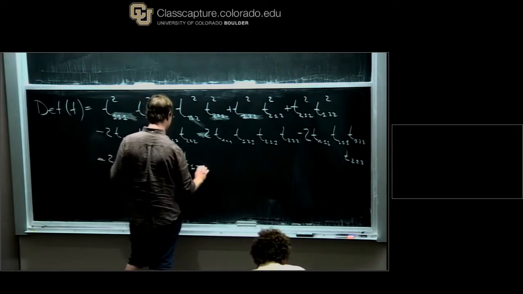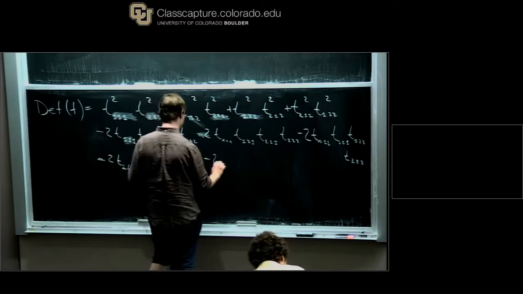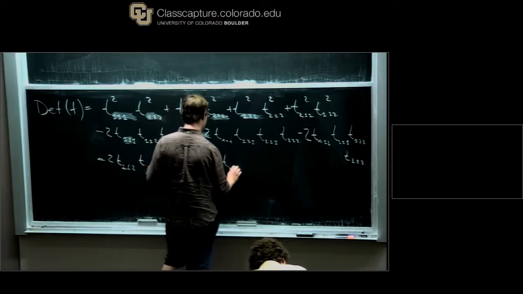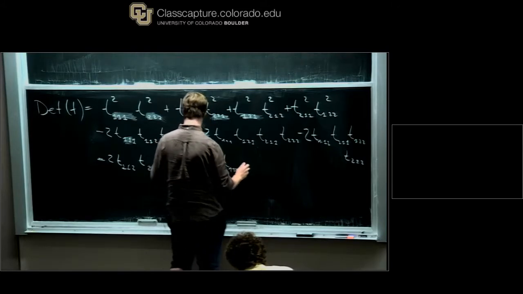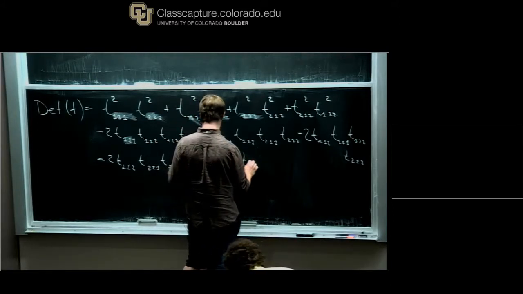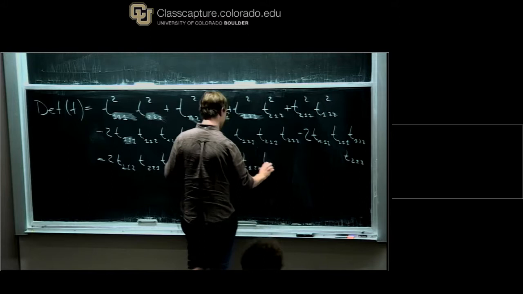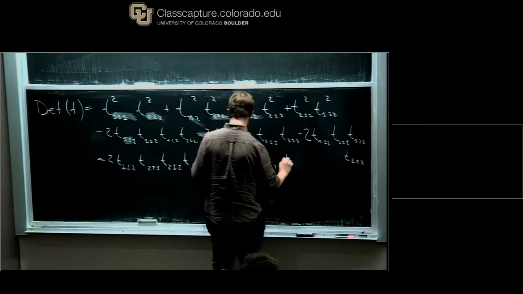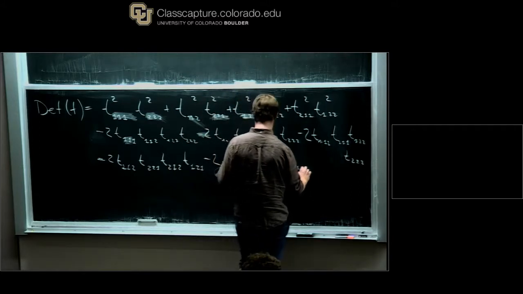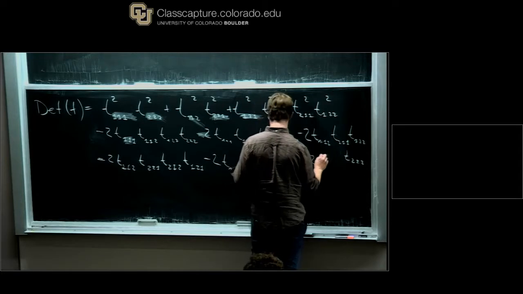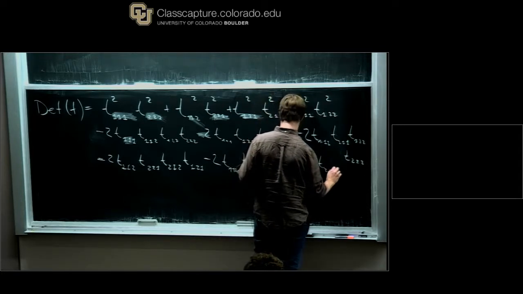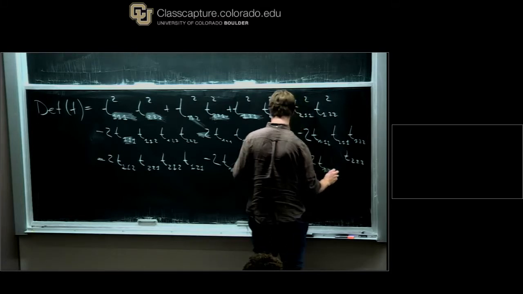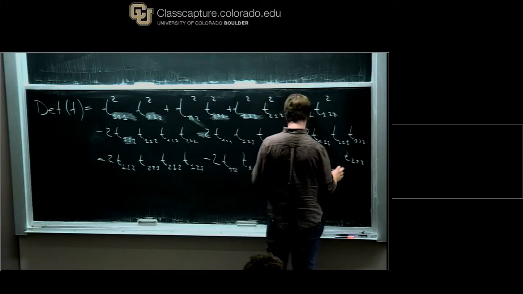I was not going to write it down, but I think it's instructive to see how complicated they are. T 1,1,2 and T 1,2,2, T 2,2,1, T 2,1,1. Minus 2, oh my God. T 2,1,1, T 1,1,2, T 2,1... The last row is a bit different.